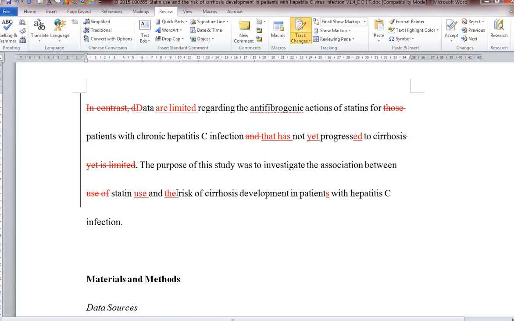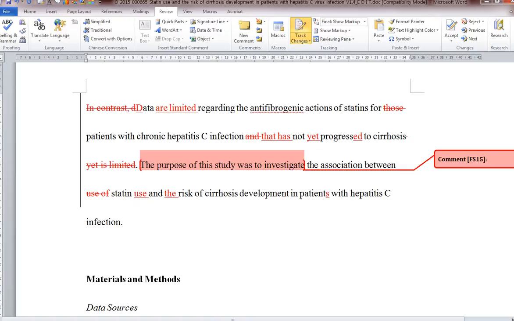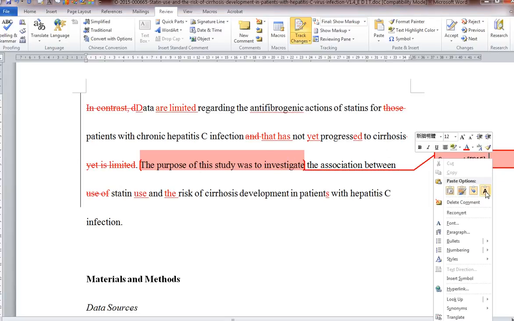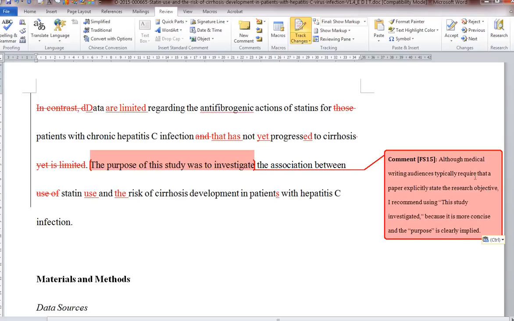These changes speak for themselves, but here, this is minor, but I usually like to let the author know. One concern regarding medical writing. Medical writing audiences typically require a paper to explicitly state the research objective.